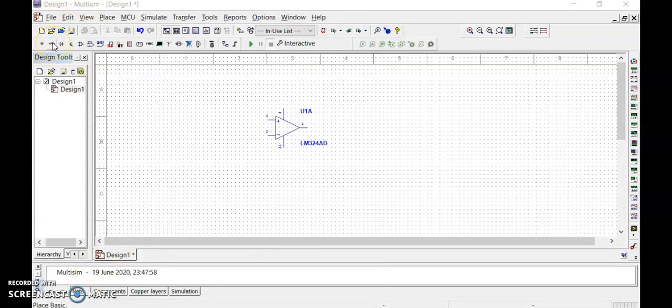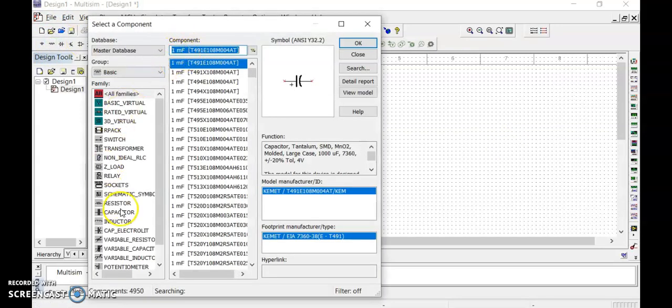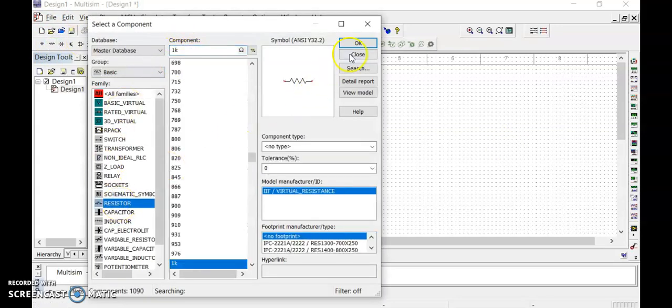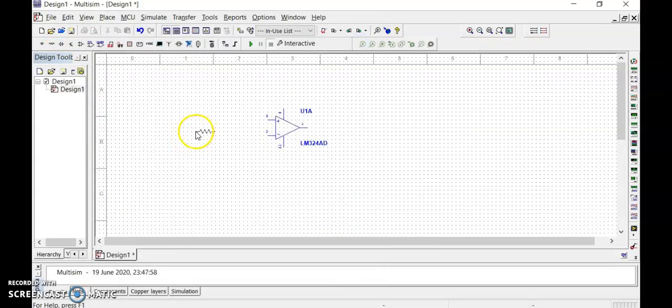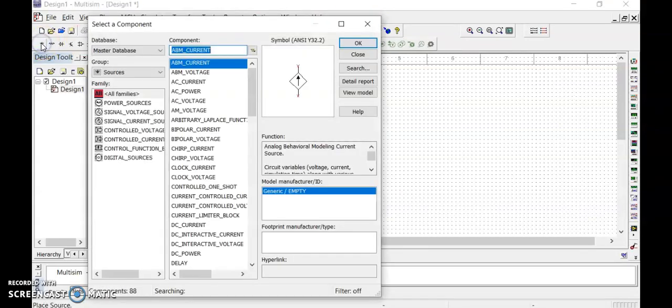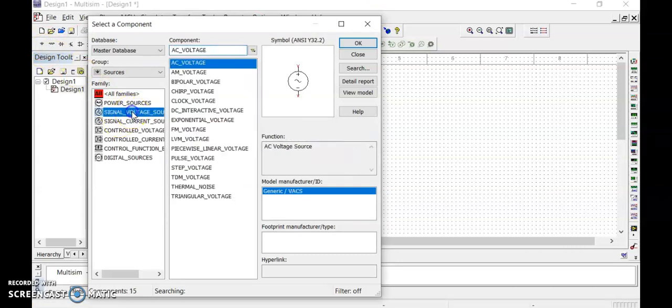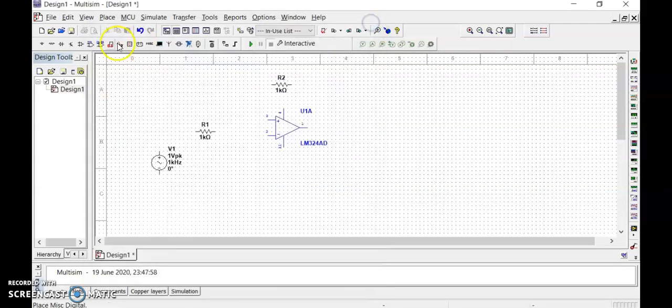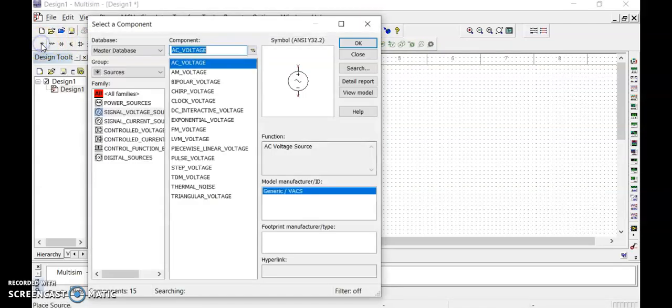Required resistors appear under basic components. Take the basic resistors, a 1 kilo ohm resistor and one more resistor here, the feedback resistor. Take the source component, signal voltage source, AC voltage, for input, and also take the ground.